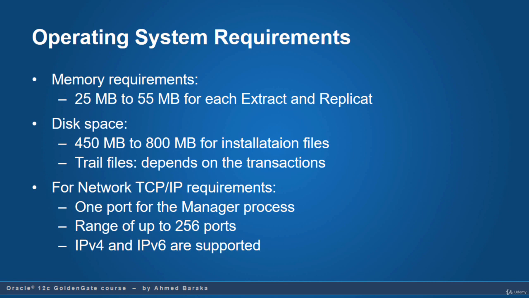For networking, you need to open one port that will be used by the manager process and a range of ports that would be used by the other processes. Both IP version 4 and IP version 6 protocols are supported by GoldenGate.